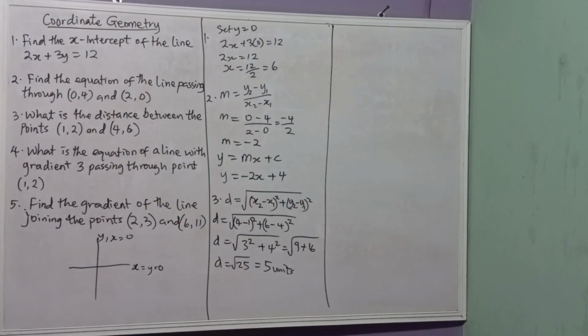Our next question, question 4, asks, what is the equation of the line with gradient 3 passing through point (1, 2)?